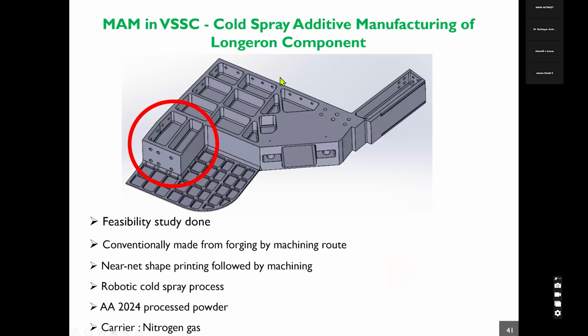So this is another example wherein you can use the cold spray additive manufacturing process to make this component. So here we are using a robotic cold spray process to make this component using AA2024.